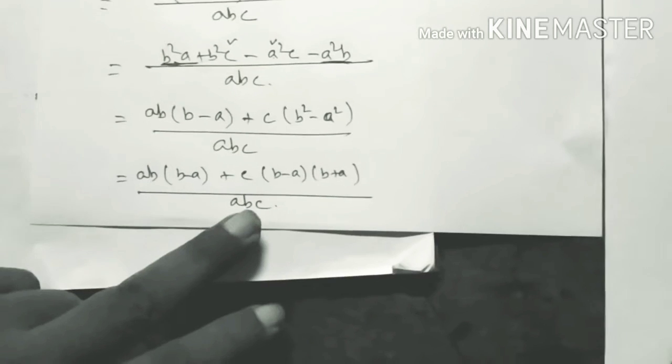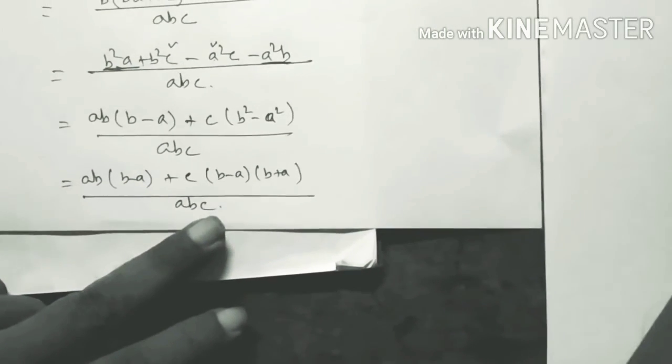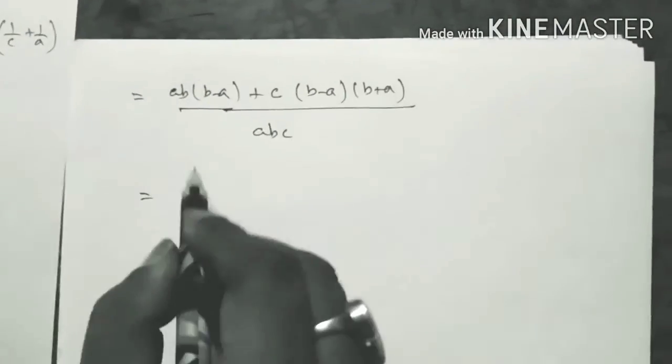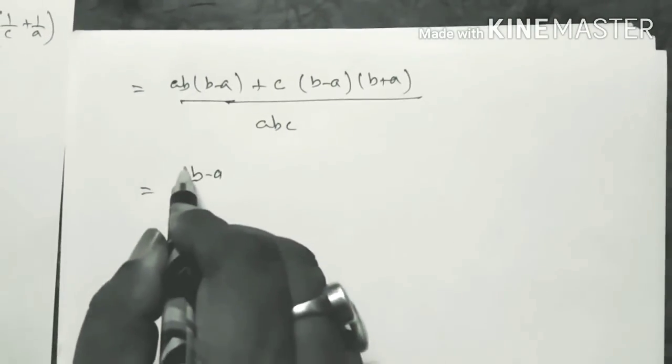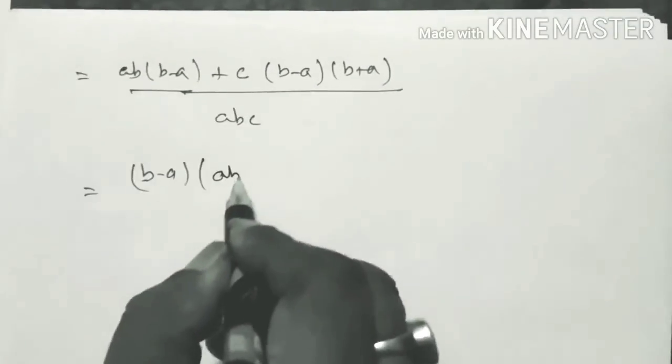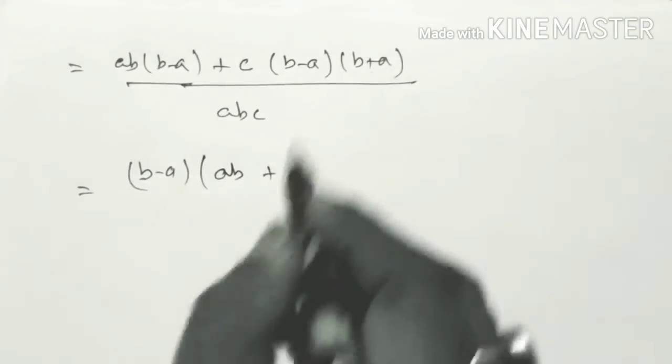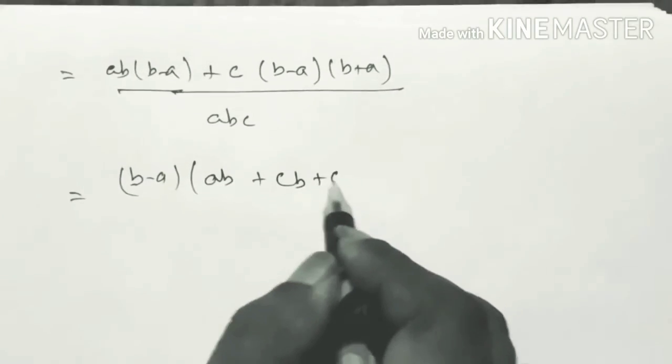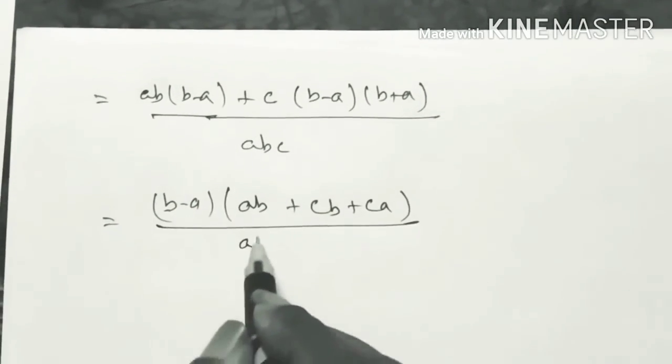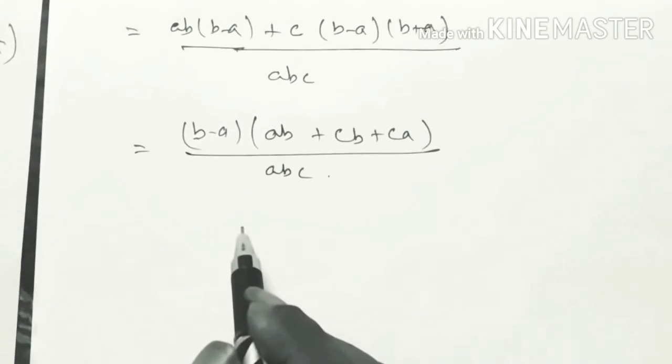That is equal to AB, B minus A plus C, B minus A, B plus A by ABC. Now here the common is B minus A, and AB plus CB plus CA by ABC. I'm going to leave it here, left hand side.